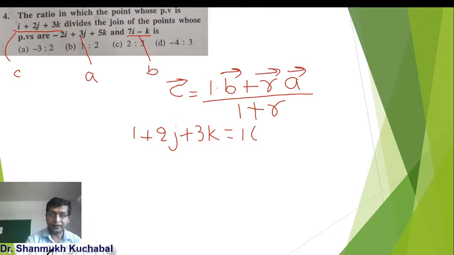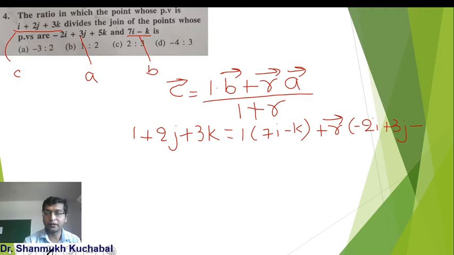We can simplify this. So vector B is 7i minus k, and r times vector A is minus 2i plus 3j plus 5k, whole divided by 1 plus r.